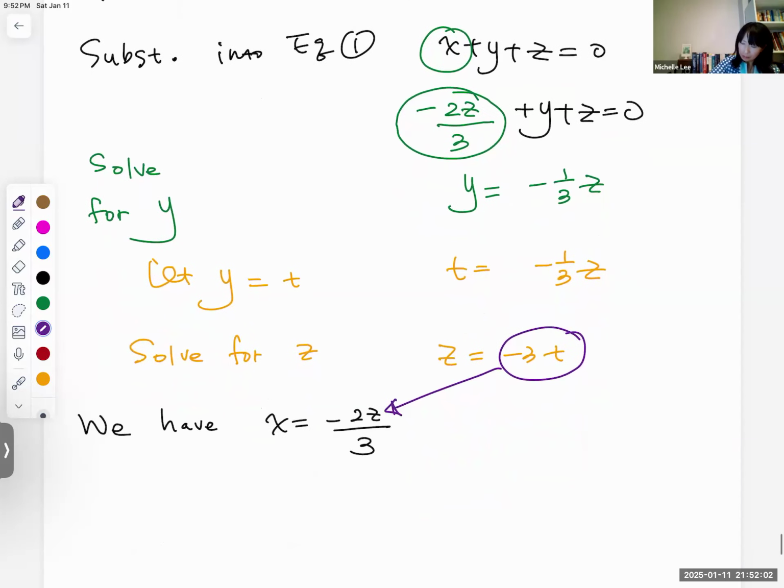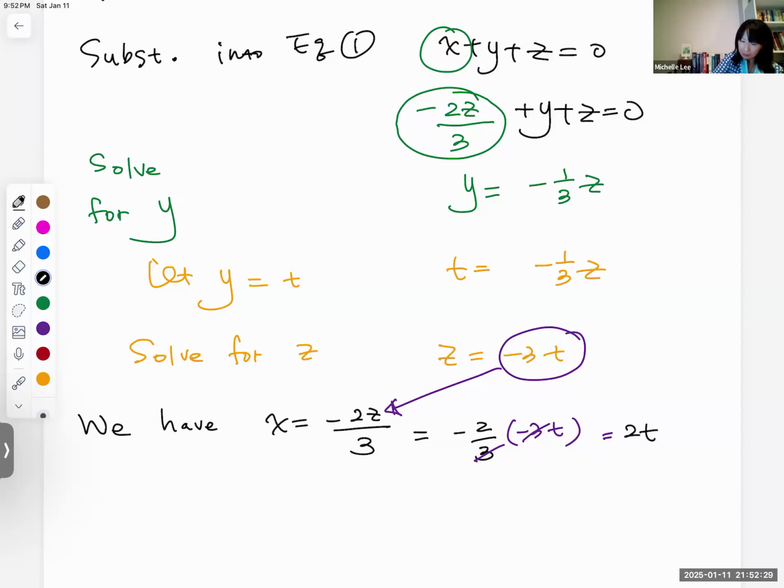Then we will have x equal to negative 2/3 times negative 3t. Simplify, then we get positive 2t.